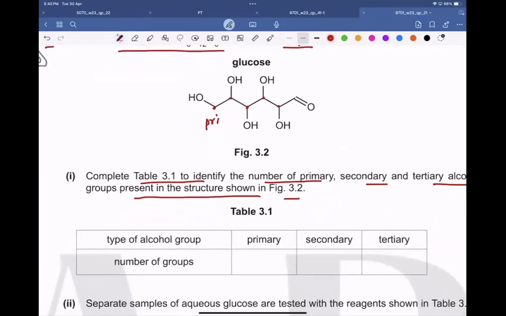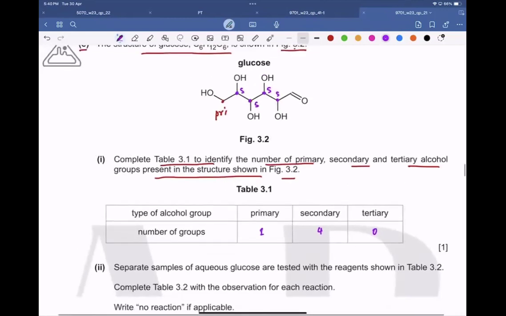So there's nothing like that in the whole structure. This one is a primary. There are four secondary, this one, this one, this one, this one, all of them are secondary, because these carbons are bonded to two more carbons, not three carbons. And there is no tertiary over here. Is this clear?